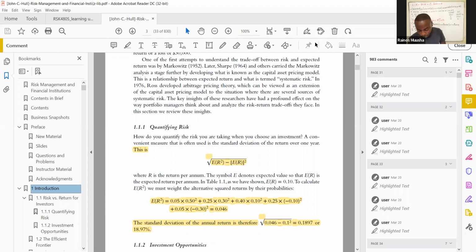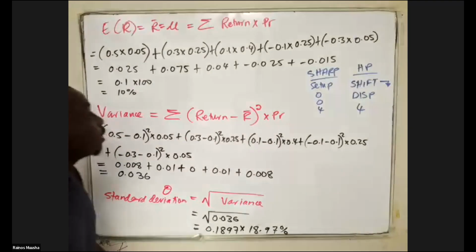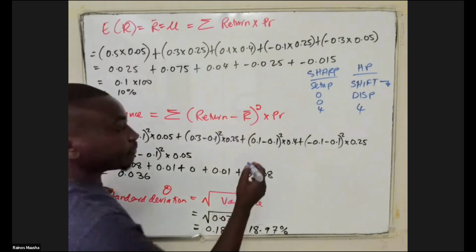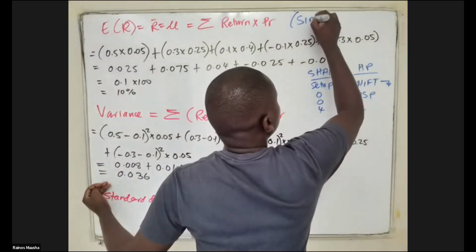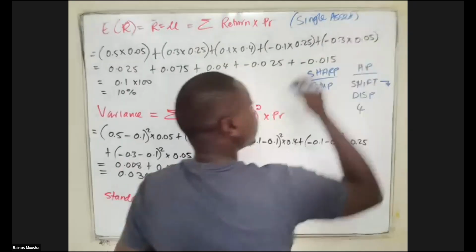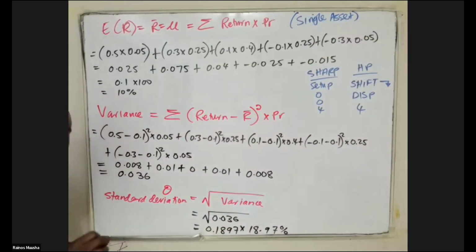Now, the calculations that we've been doing so far were calculating the expected return and the standard deviation of a single asset.